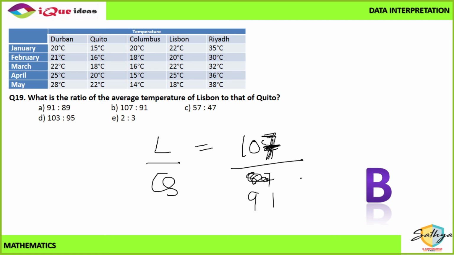Right? No need to find the average. You directly can take ratio of the totals. Again, few seconds we can save. Did you understand this question?